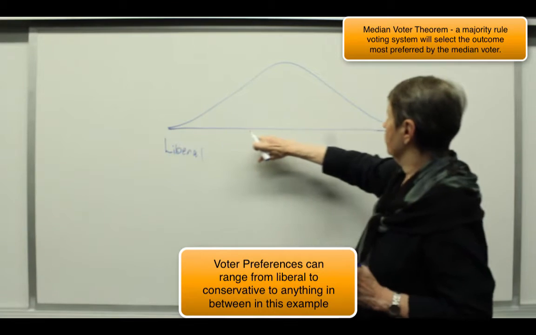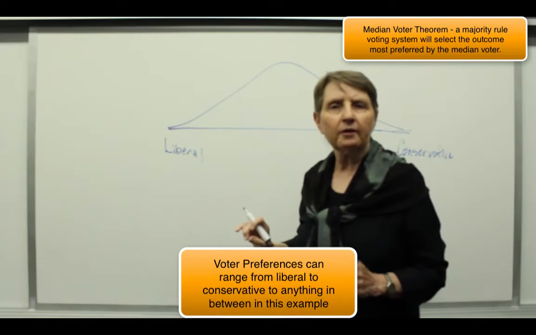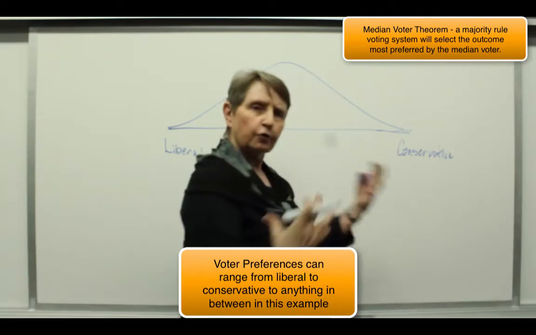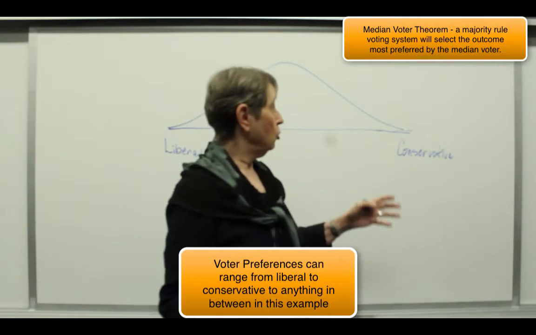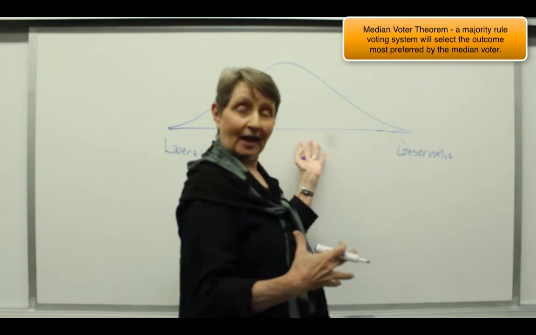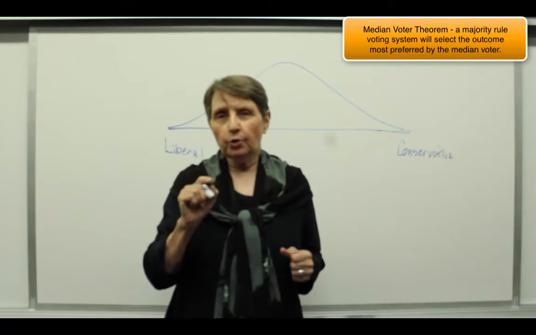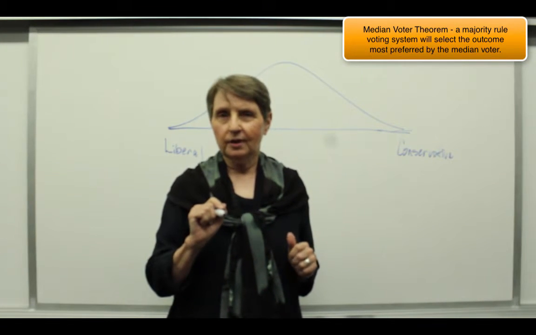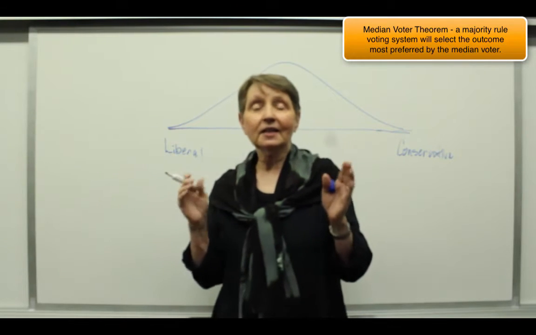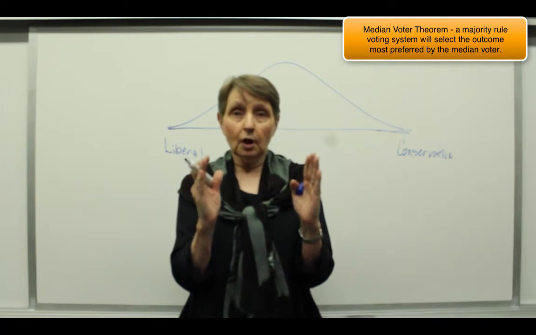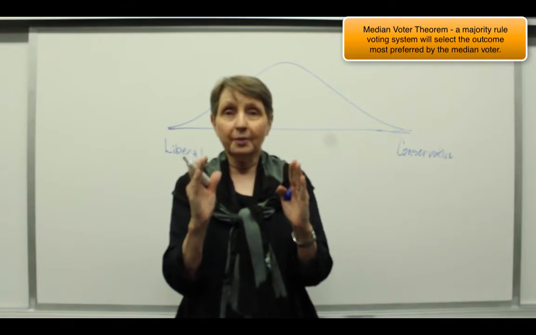And we have voters all along this spectrum. If we have 2 candidates who want to be elected by these voters, then the median voter theorem tells us that the candidate whose views are most aligned with the median will be elected.